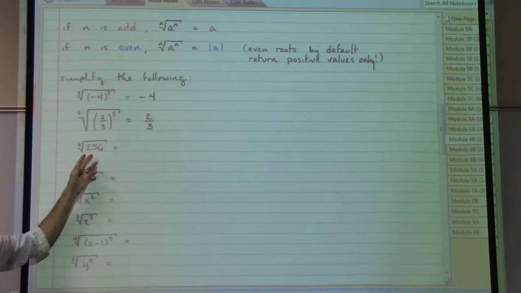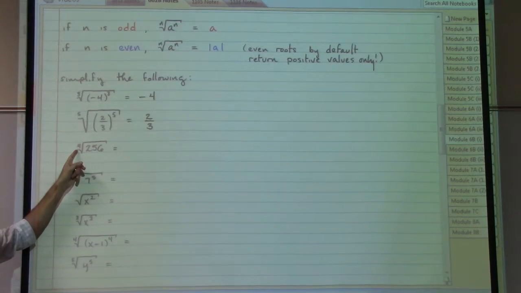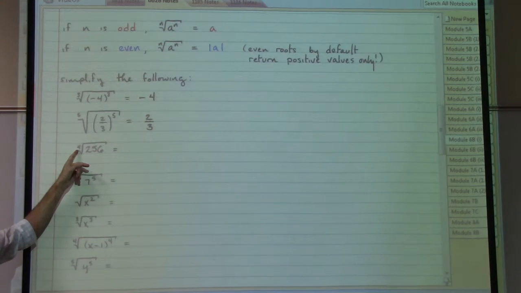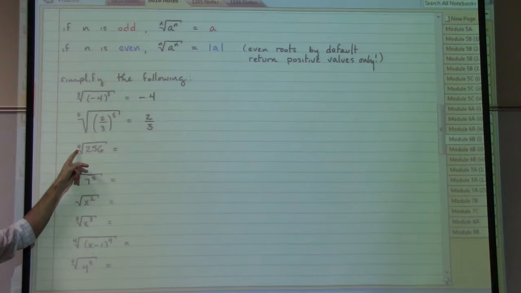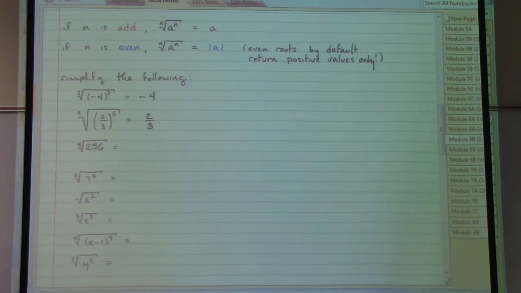This does not automatically have a power underneath that matches the power that appears on the front porch of our radical symbol. So in this particular case, we would either have to come up with an answer with or without a calculator.